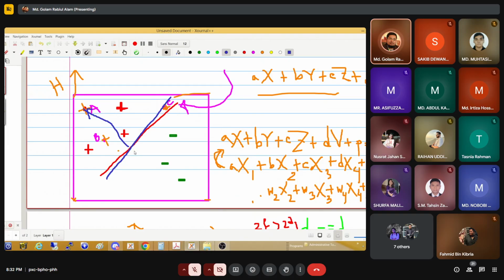That kind of hyperplane will give us more confidence in the class level of the data point. So that's why we are trying to maximize the margin.